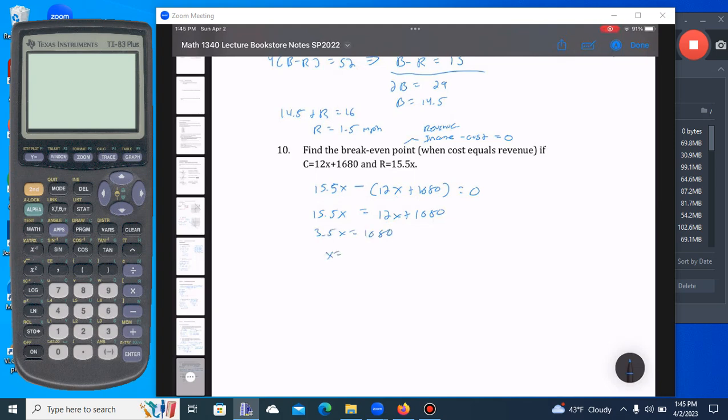So x equals 1680 over 3.5. And we get 480. So if x is like the number of units of something being sold, you sell 480 and your cost and your revenue equal itself out.